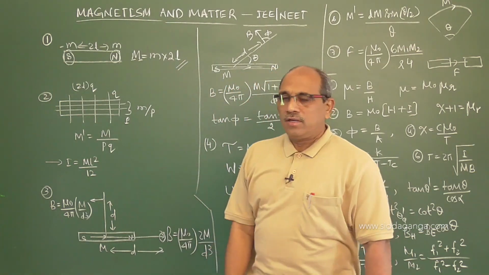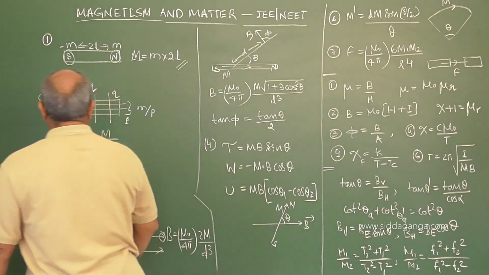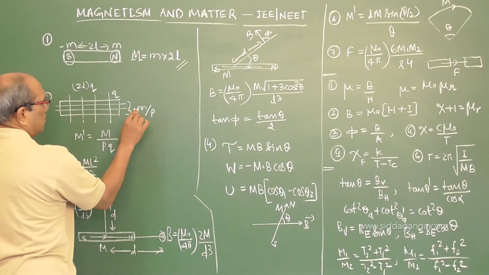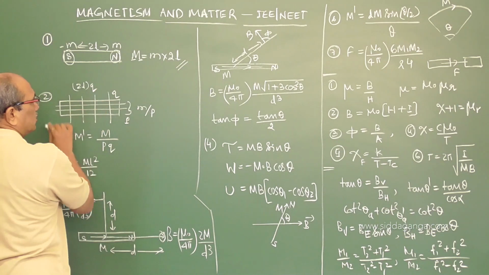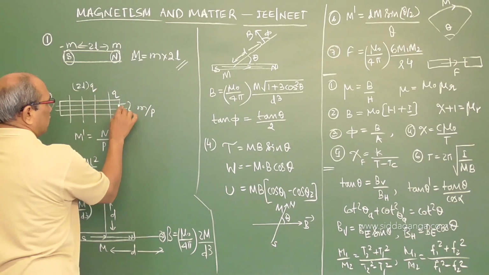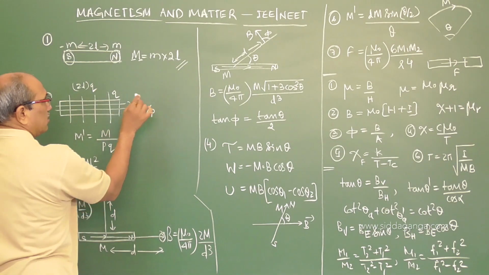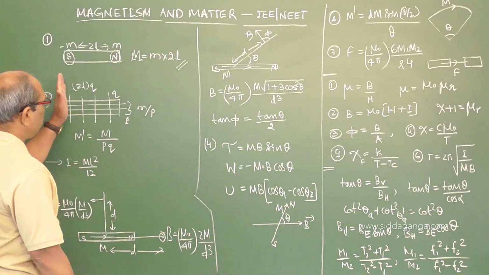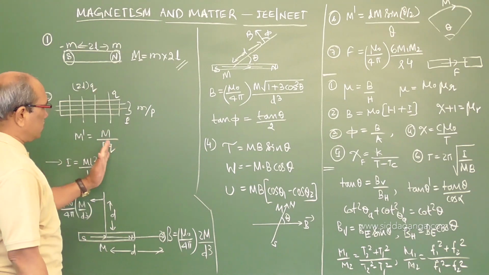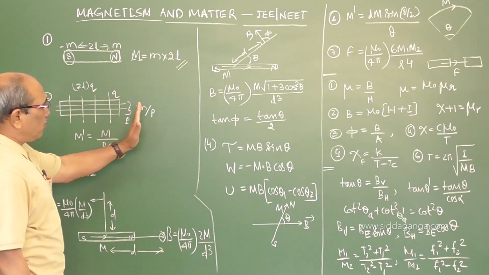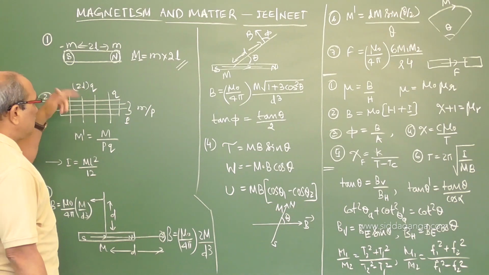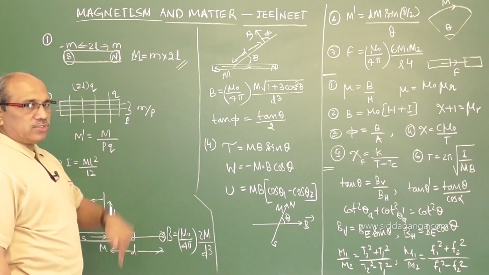And again, cutting of a magnet. When you cut the magnet along the axis, the length is not changing, but the area of cross section decreases p times, so the pole strength decreases p times. If we cut perpendicular to the axis, then the pole strength remains the same, but the length decreases by q times, thereby the moment decreases by q times.